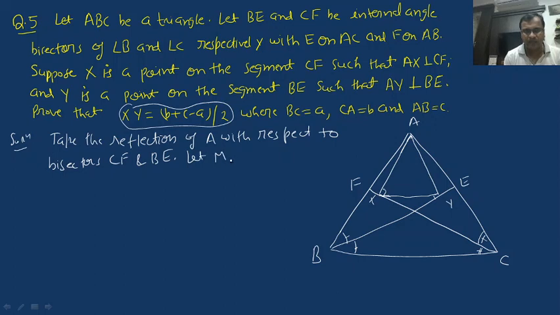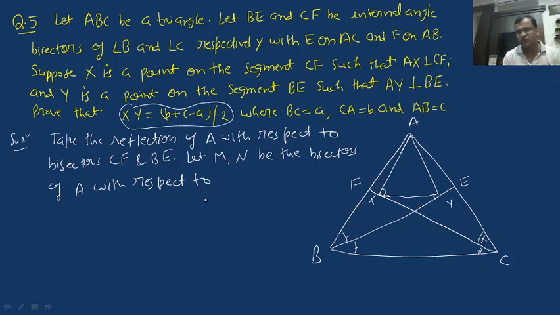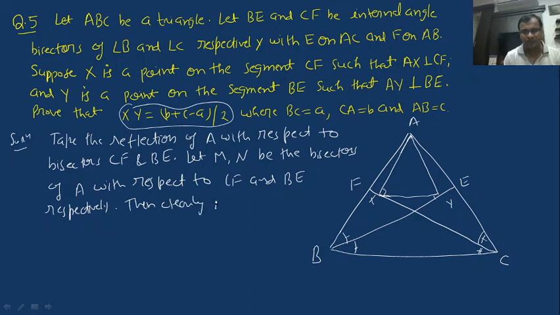Let M and N be the reflections of A with respect to CF and BE respectively. Then clearly M and N lie on BC. And this is very simple to prove.